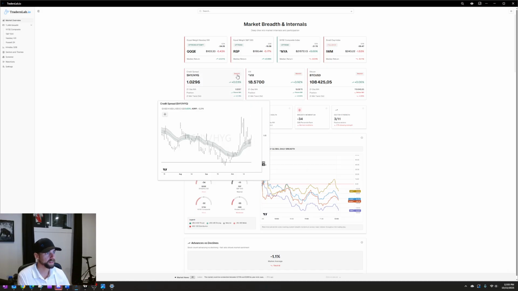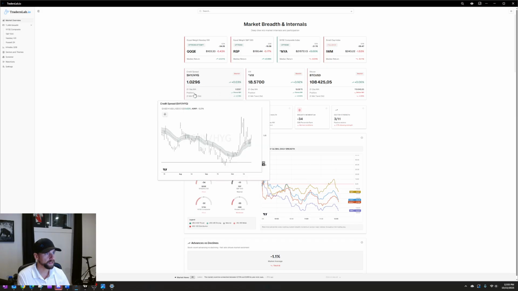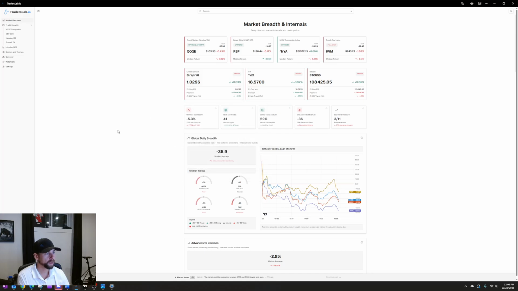That's the bearish or improving or bullish signal that you get for each of those internals. So you have the 21 DMA, whether it is rising or declining, and you have the trend velocity as well for each one.